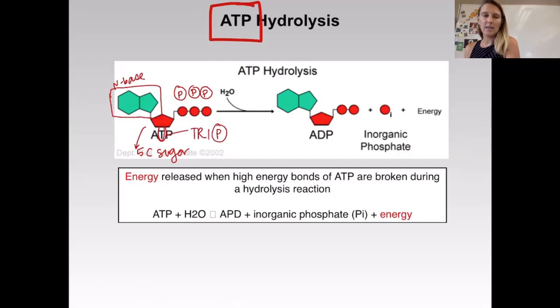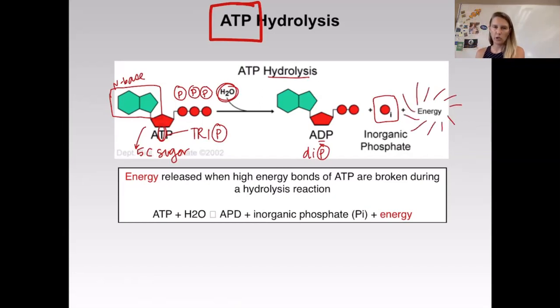triphosphate, adenosine triphosphate. You can add water, and what is that reaction? Again, it's called hydrolysis, and you can break off one of those phosphates, right? So now you have one phosphate that has been broken off, and now you have ADP, meaning adenosine diphosphate. And with that, you get a release of energy, right?